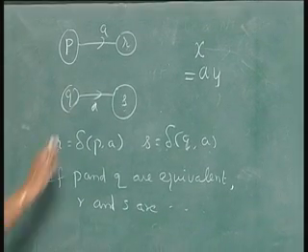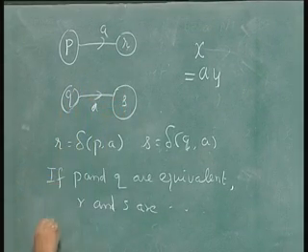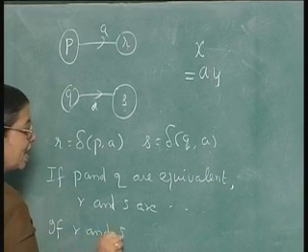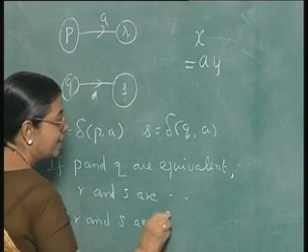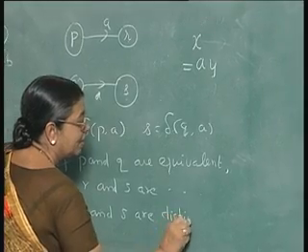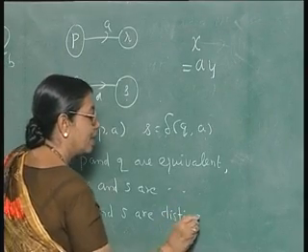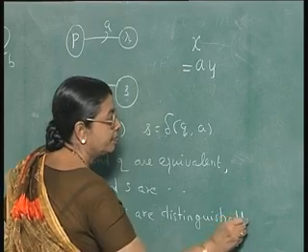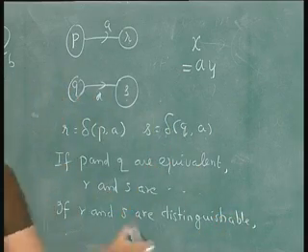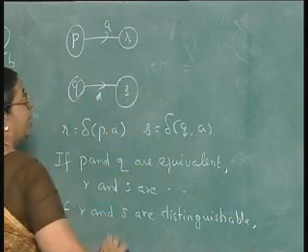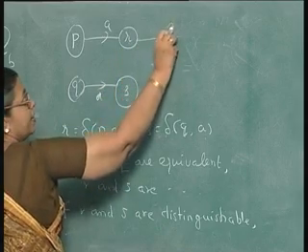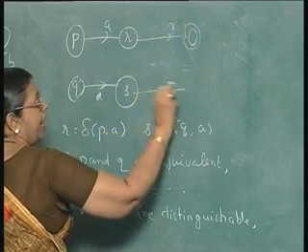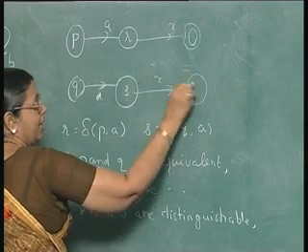And if R and S are distinguishable, what does that mean? There is a string x which takes one to a final state and the other to a non-final state.